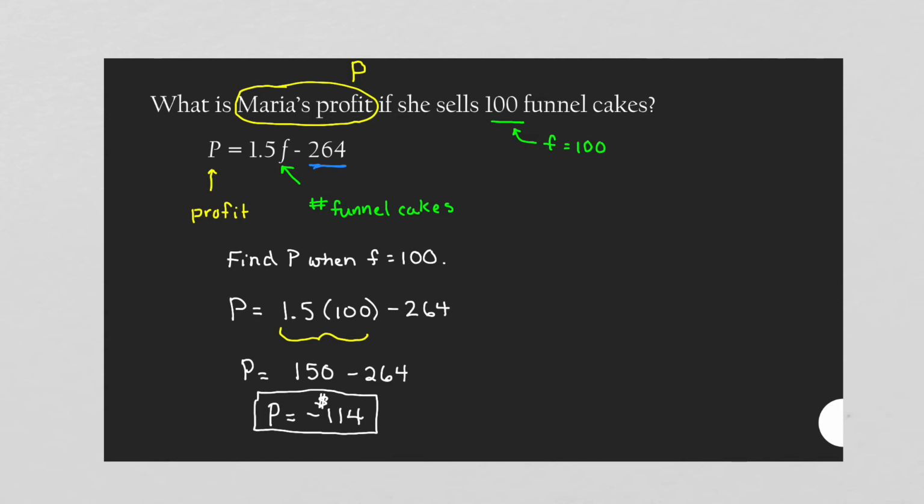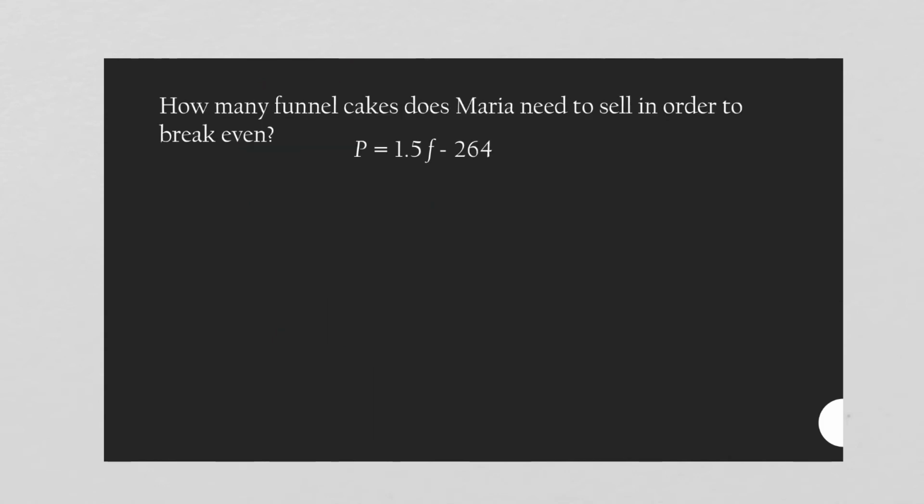I think part 2 actually asks for her break-even point. So let's take a look at that part. Part 2 of the application problem asks how many funnel cakes does Maria need to sell in order to break even? Break-even point means when your profit is 0. So really, we're looking for the place where the profit is 0.